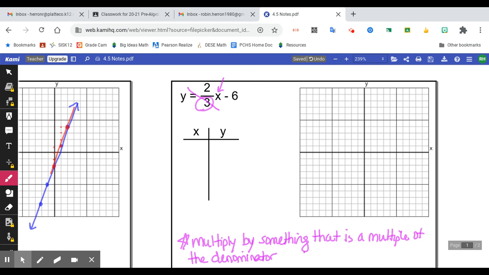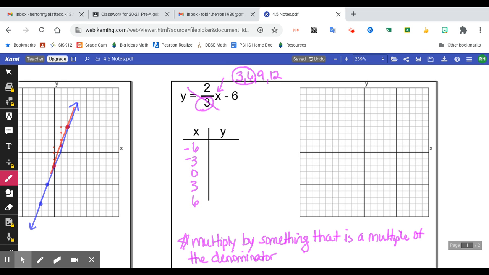Okay, so if the denominators are 3, the multiples of 3 are like 3, 6, 9, 12, and so forth, right? So if we just want a few of them, you always want to use those first two. So instead of doing -2, -1, 0, 1, 2, we're going to do -6, -3, 0, 3, 6.